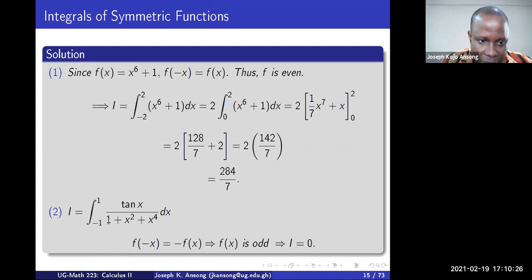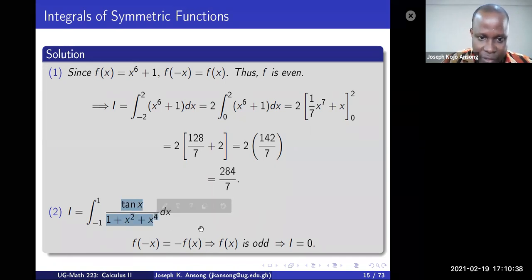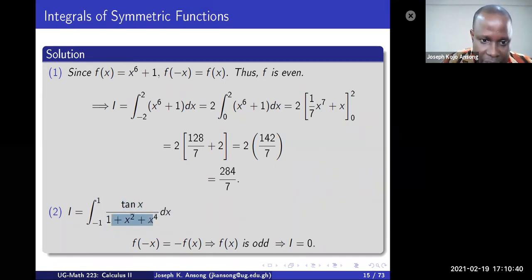Now note that this is a more complex integrand, but we are integrating from -1 to 1. So again, you want to test whether your function is odd or even. The denominator is even. It's easy to tell that because these are raised to the power of even integers.